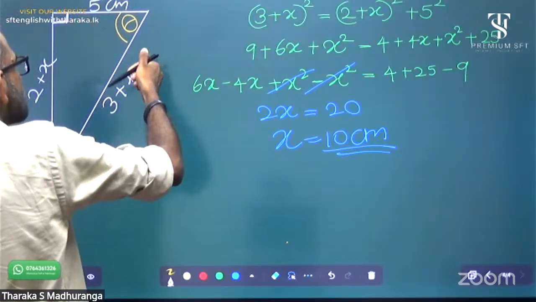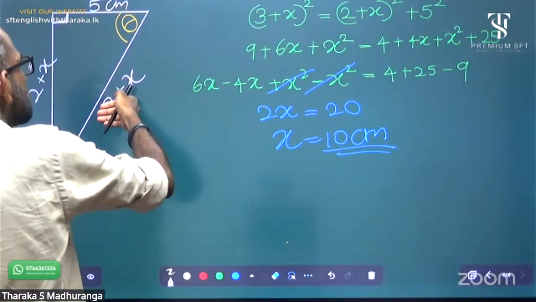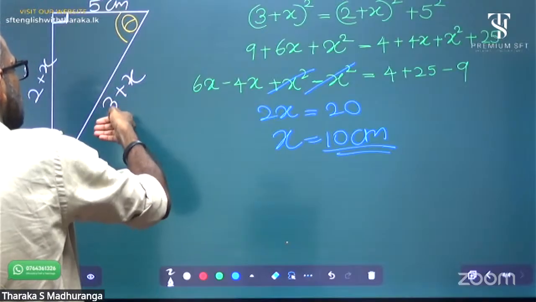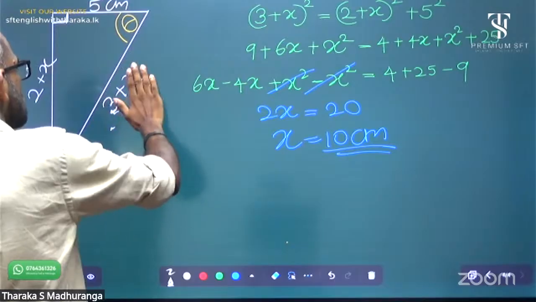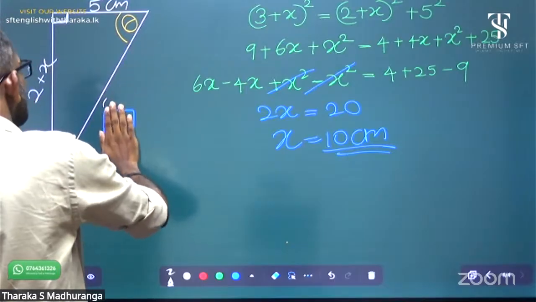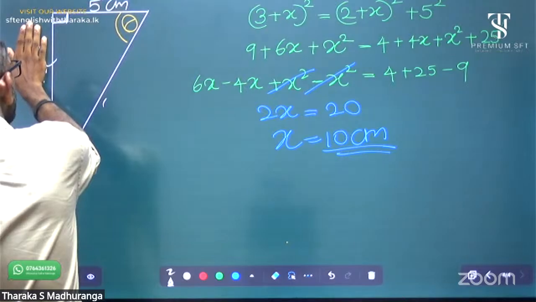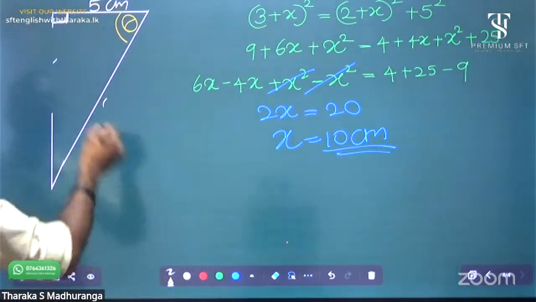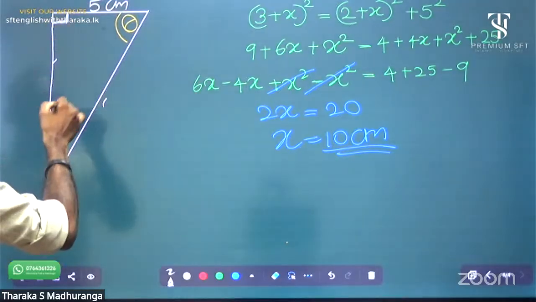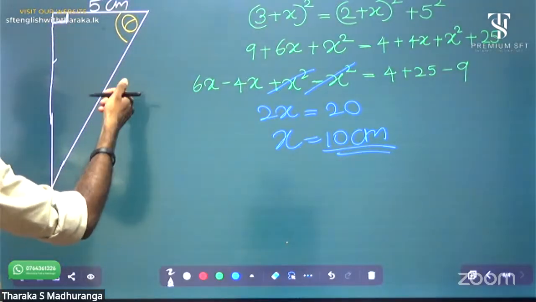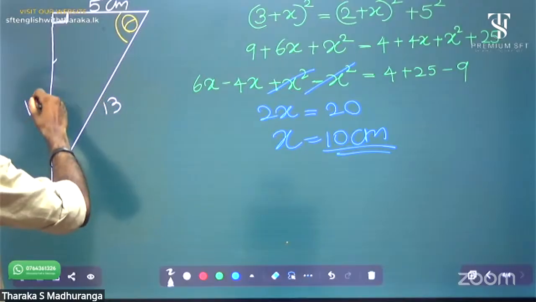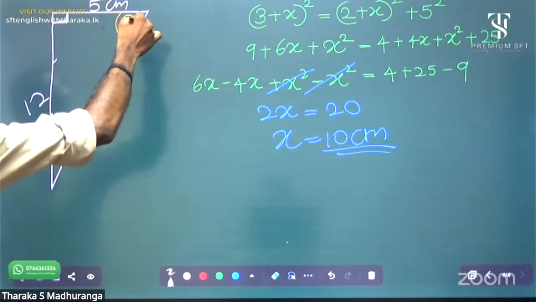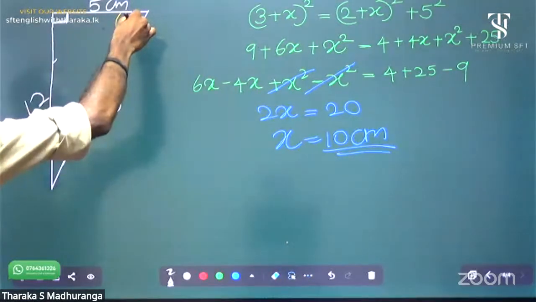Now x equal 10. X equal 10 means it is 13. And this by 12, right? Very rational questions, very good questions. Yeah, it is 13, it is 12. Right? It is given sine 67.